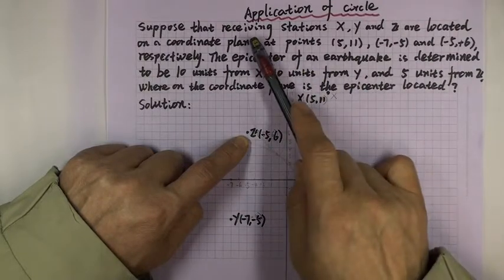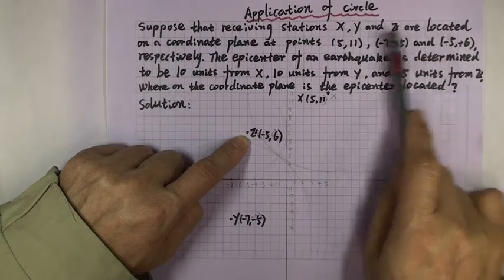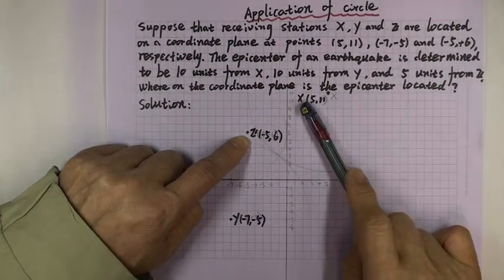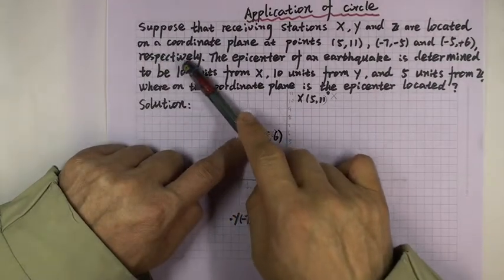Okay. So receiving stations X, Y, Z are located at these 3 points, respectively.